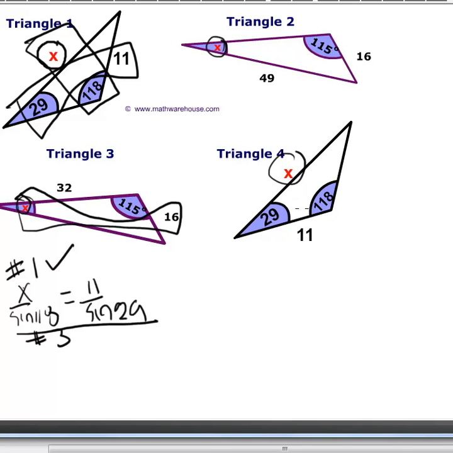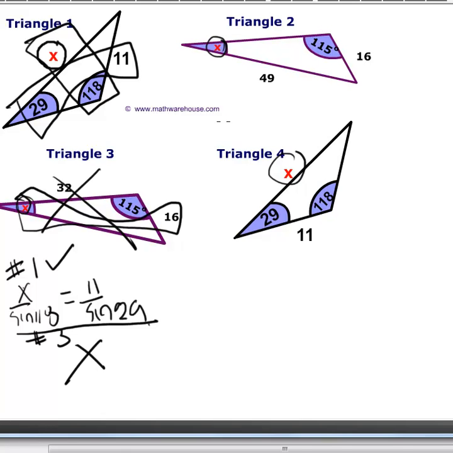So the problem here is that there is not any pair of opposite measurements that we know. And we cannot figure them out. This isn't like the problem where they gave us 2 angles and we could get the third angle. This cannot be done using the law of sines. There are other trickier ways to do this, but not purely with the law of sines.